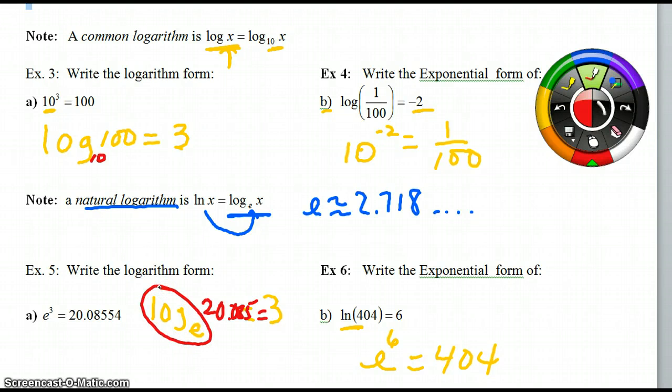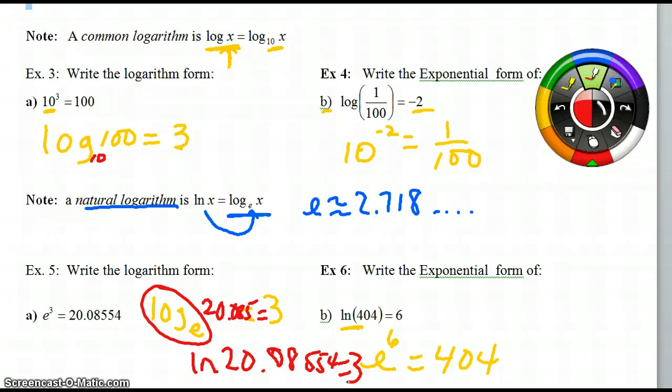So when we see log of base e, as mathematicians, we will just get rid of that and just write ln, or say the natural log of 20.08. What does that equal? That equals a 3.